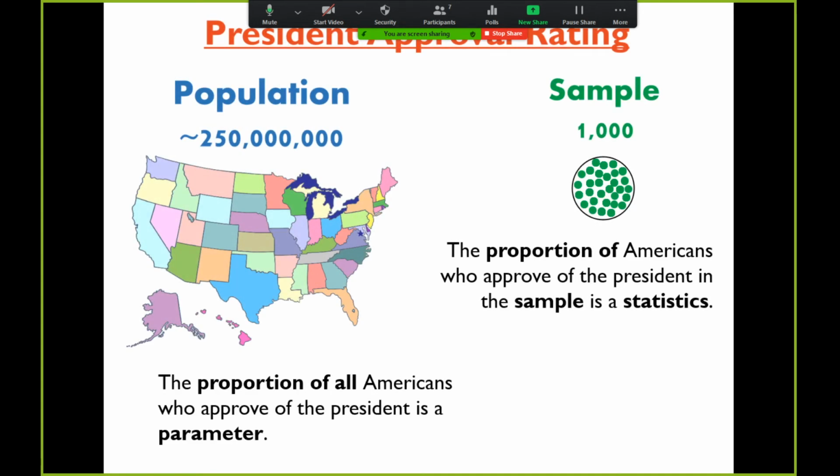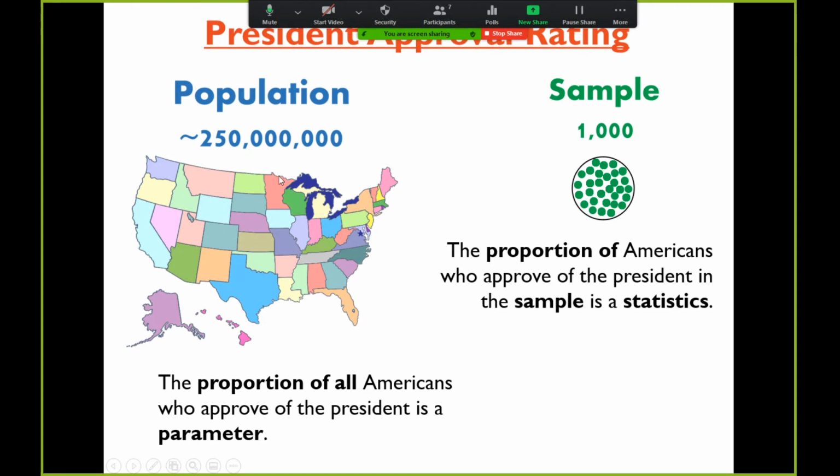So here's an example of a parameter versus a statistic. A parameter would be like the proportion of all Americans who approve of the president. Why is it a parameter? Let's say the actual value was 57%, so 57% of the entire population approved of the president.